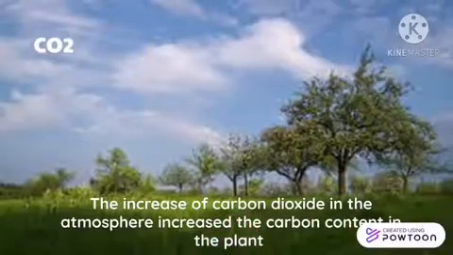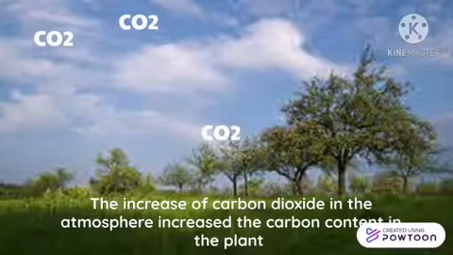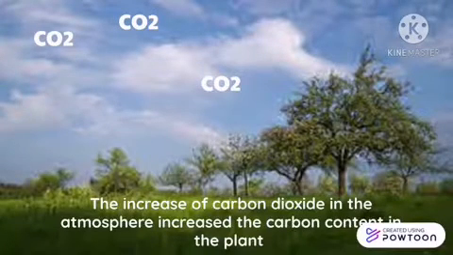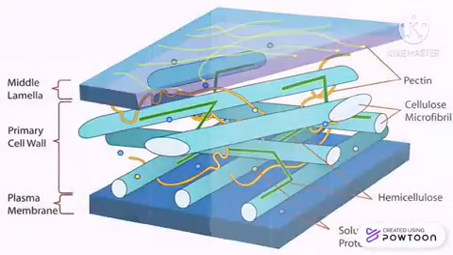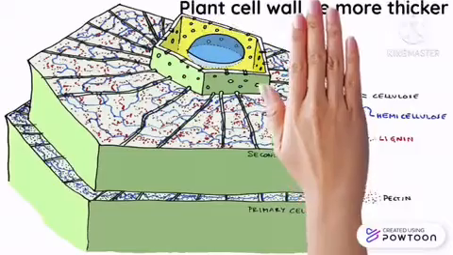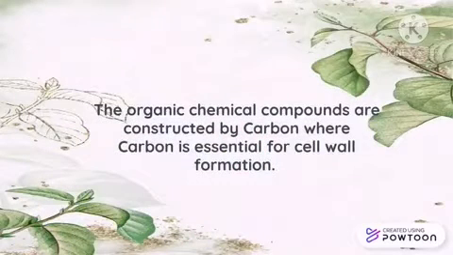From here, the increase of carbon dioxide in the atmosphere increases the carbon content in the plant. More carbon in the plant promotes cell wall formation. This causes the plant cell wall to be thicker compared to regular plant cells. The organic chemical compounds are constructed by carbon, where carbon is essential for cell wall formation.